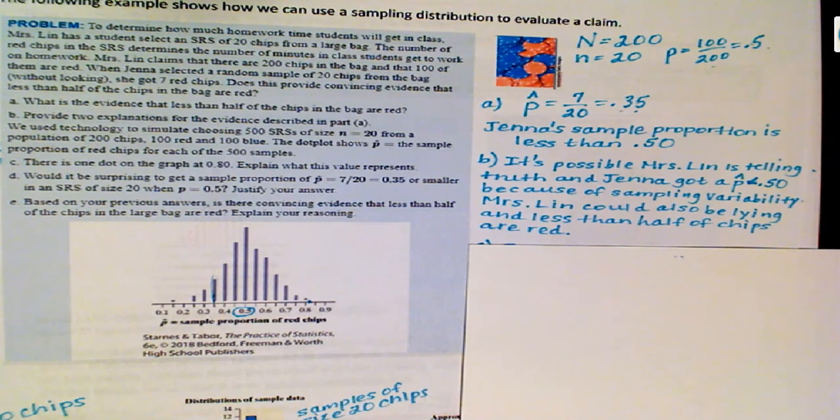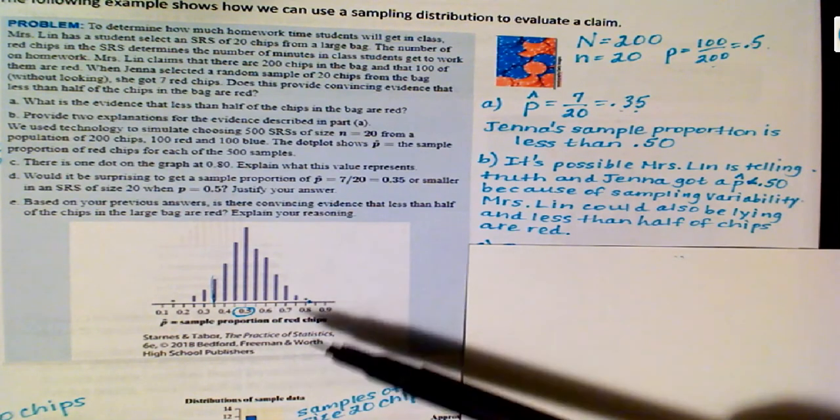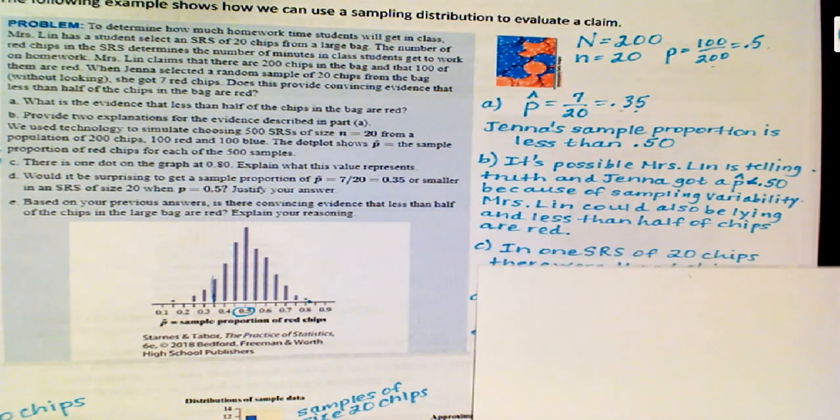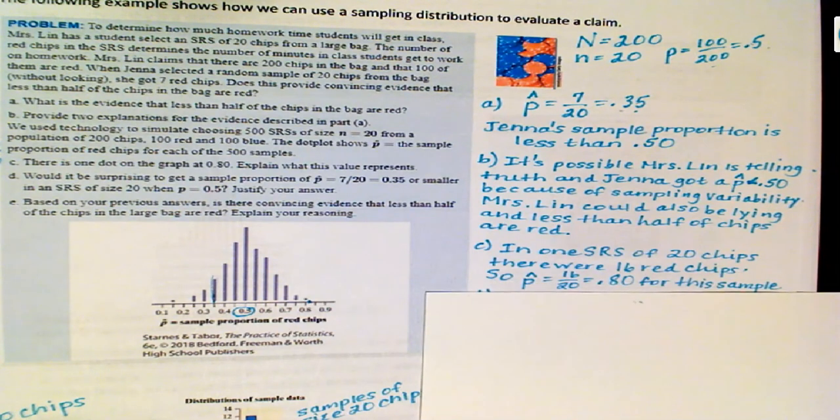So Part C says there's 1 dot on the graph at 0.8. Explain what this value represents. So here's 0.8 right there. What that means is, in one SRS, in one of the samples of 20 chips, there were 16 red chips.